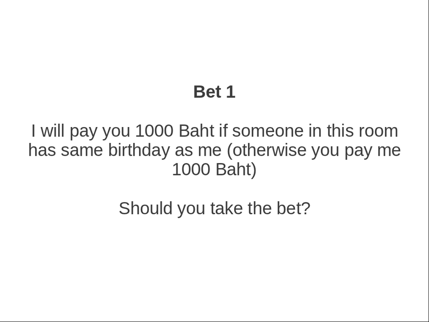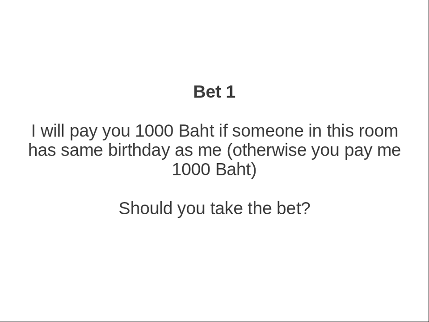Assume no one knows anyone else's birthday, birthdays are evenly distributed, there are no twins and no leap years, so of the 365 days, I'll pay you 1,000 baht if someone in this room has the same birth date, day and month, as me.